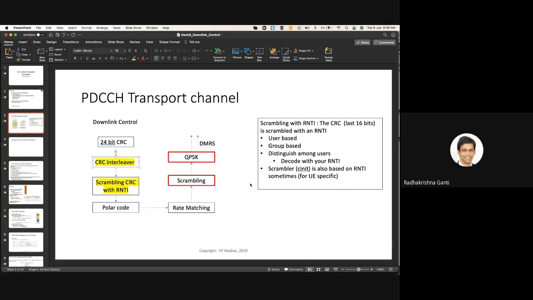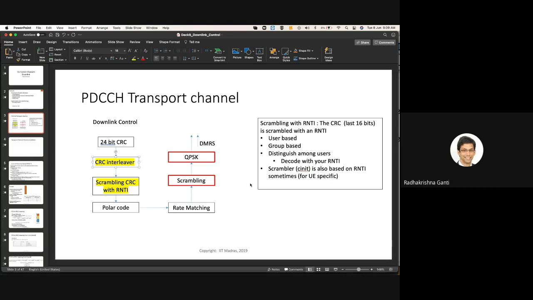For example, one user has an RNTI of 10 and the other user has an RNTI of 20. If this whole PDCCH is meant for user 1, you scramble the CRC with 10, and you send it off.